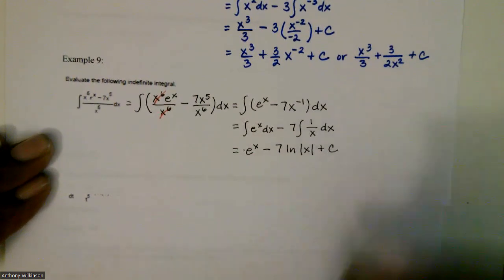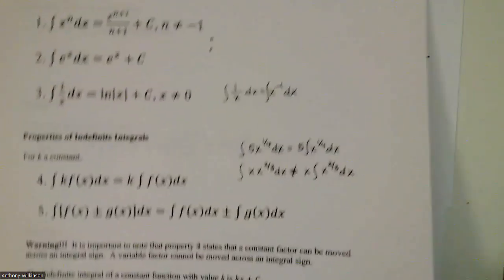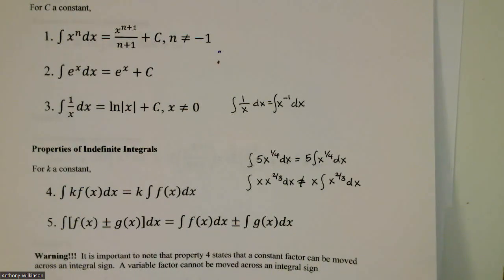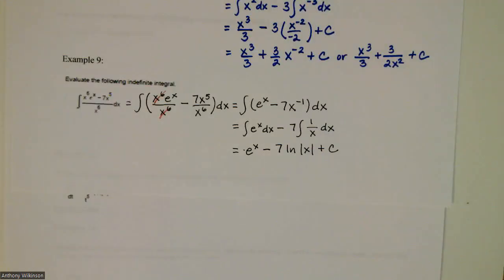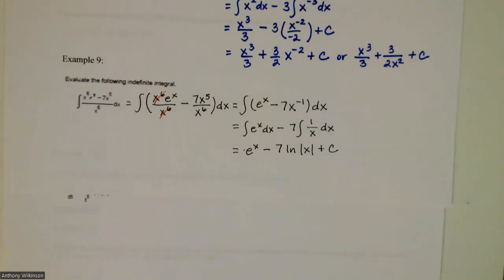That's one of our basic integral functions. The integral of 1 over x dx will always be the natural log of x plus c. So my final answer there will be e to the x minus 7 ln of x plus c.